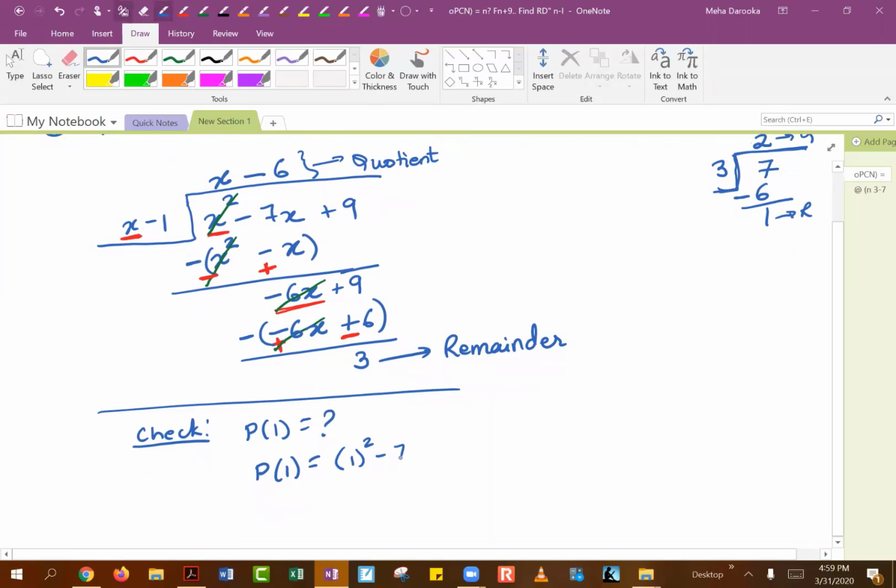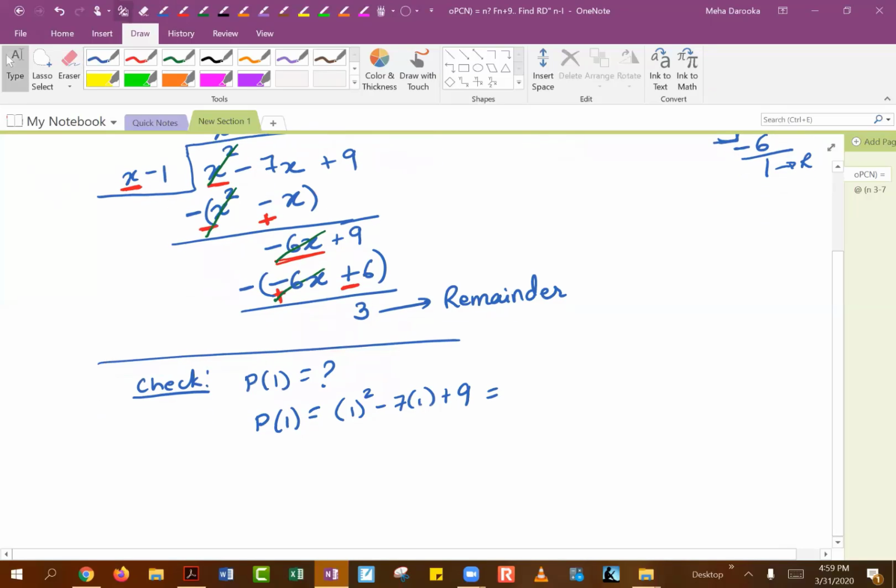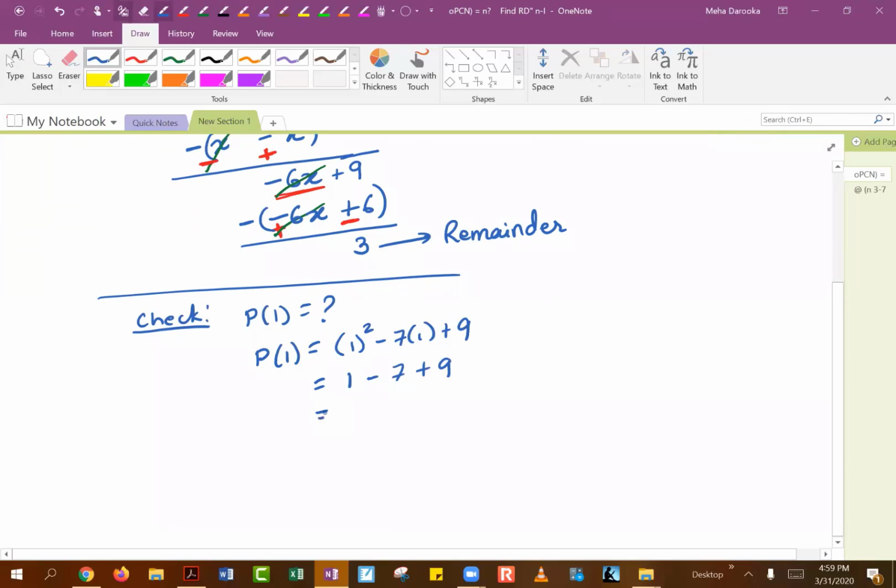So that's 1 squared minus 7 times 1 plus 9. This will give us 1 minus 7 plus 9. 1 minus 7 is -6. -6 plus 9 is 3.